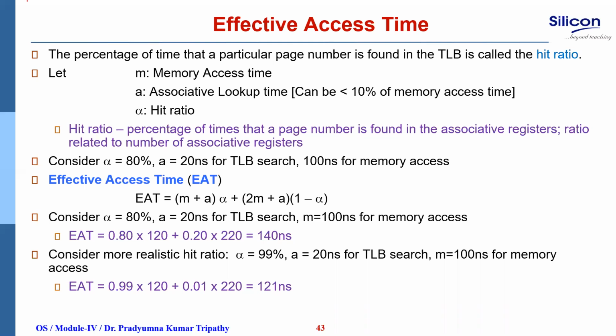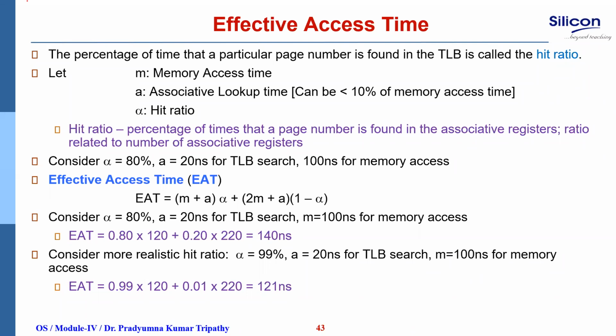Then it is 70 by 100 into 100, 70%. So it is the percentage of time that a page number is found in the associative register, a ratio related to the number of associative registers. Correct? Is it understood, these three terms?